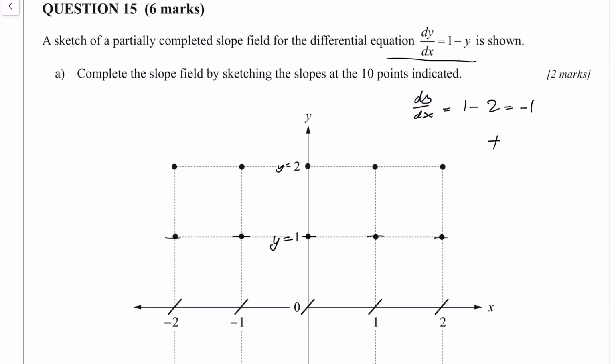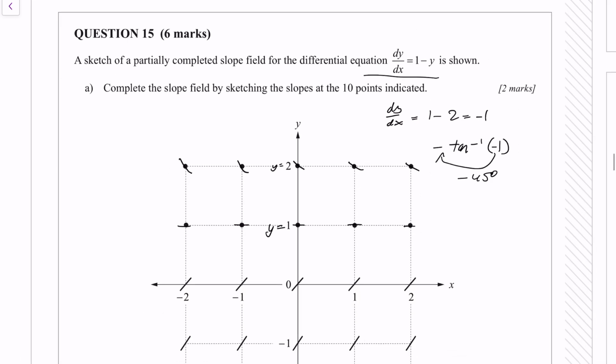So I guess remembering our tan of -1 to give us the angle. And I think that would be a negative out the front of the tan, so that'll be -45 degrees. Sorry, just degrees, not Celsius. And that would be a downward slope. So maybe like just those slopes here, okay? But basically, it's easy, free marks here.